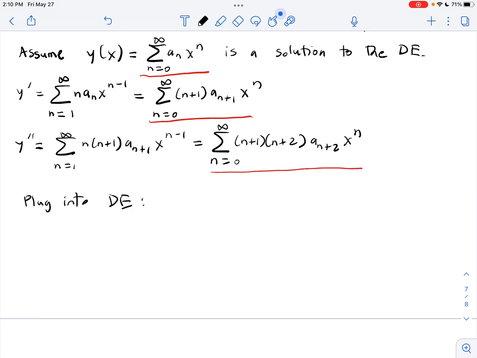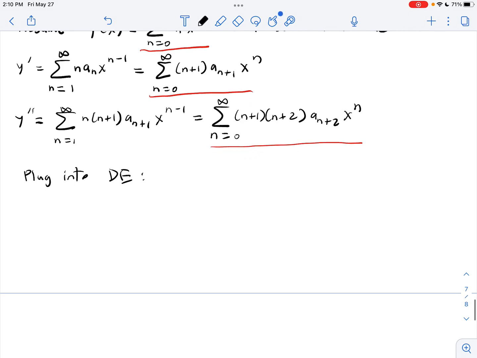So what do we end up with when we plug it in? So remember, we first have y double prime. That's going to be there's my first guy. Now don't forget, in this differential equation we actually have minus a 2x.